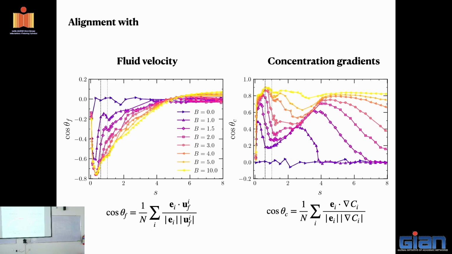And what I see is it drops to a large negative value around the same range. So their orientation is anti-aligned with the local flow velocity. Now if I look at the concentration gradient, exactly the opposite is happening. They are very strongly aligned with the concentration gradient.